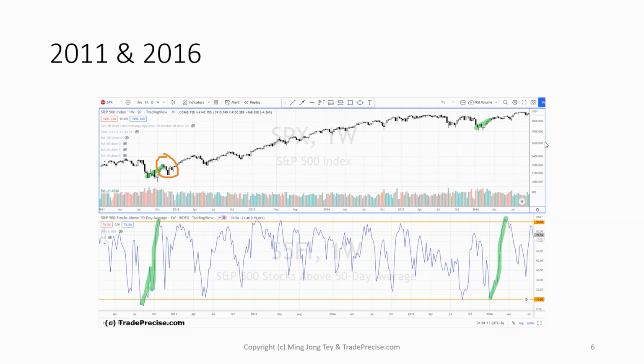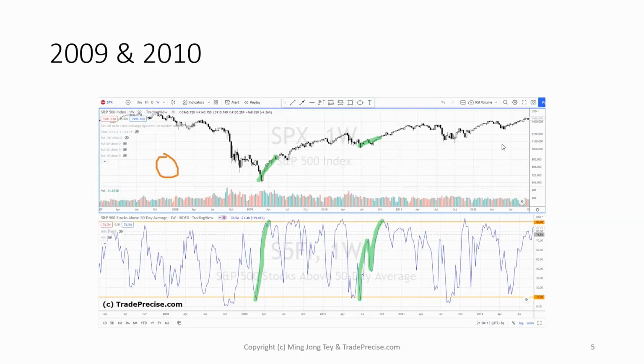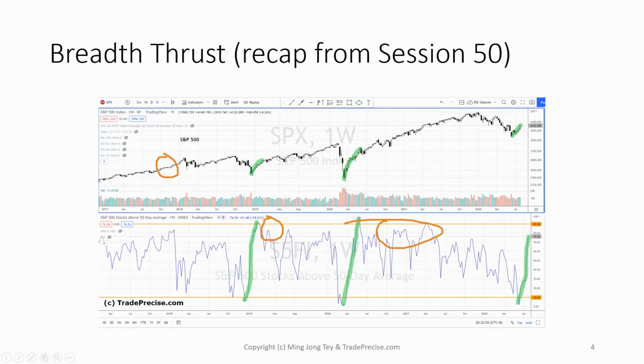If you check the previous slides, none of those breadth thrusts showed this sharp pullback. In 2010 or the global financial crisis, at least for a few weeks or months, it was sort of holding up.